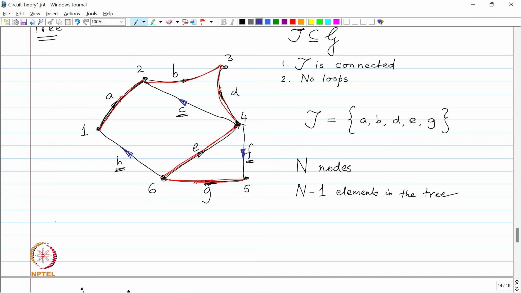So, along C voltage, VC is the drop from 4 to 2, and then VB is the drop from 2 to 3, and then VD is the drop from 3 to 4. Is this okay? This is a KVL.